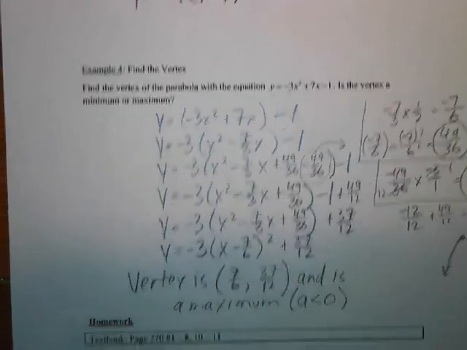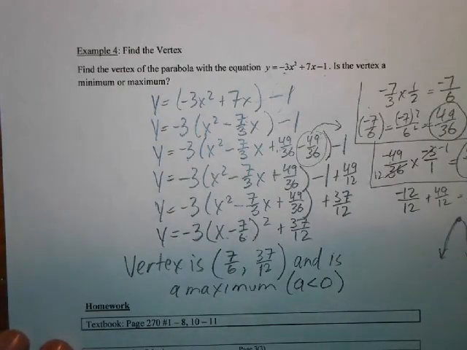So got some homework questions down at the bottom. Again, make sure you get lots of practice doing this. It's not that tough of a process. It will always work, unlike factoring, which is more difficult because it doesn't always work, and you have to figure out which process to use to factor. Whereas completing the square, it always works, and it's always the same process, always the same steps.